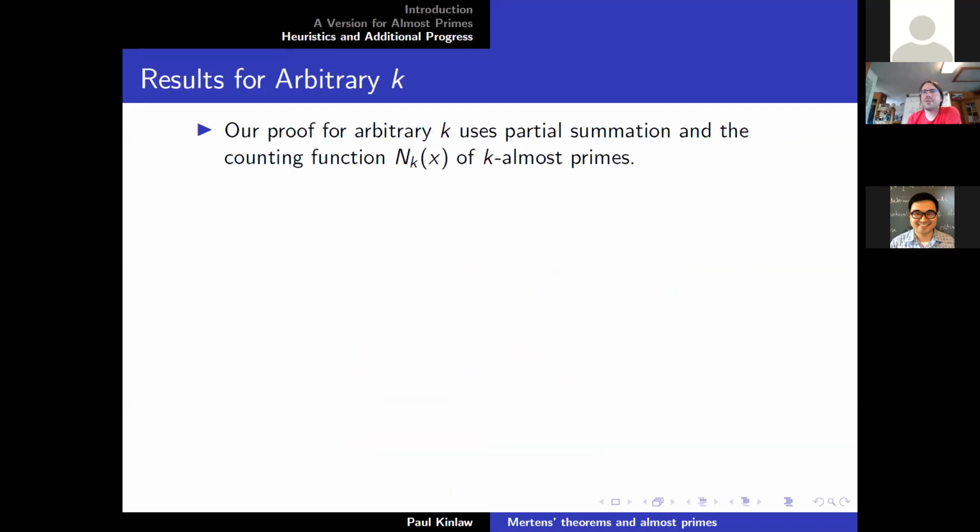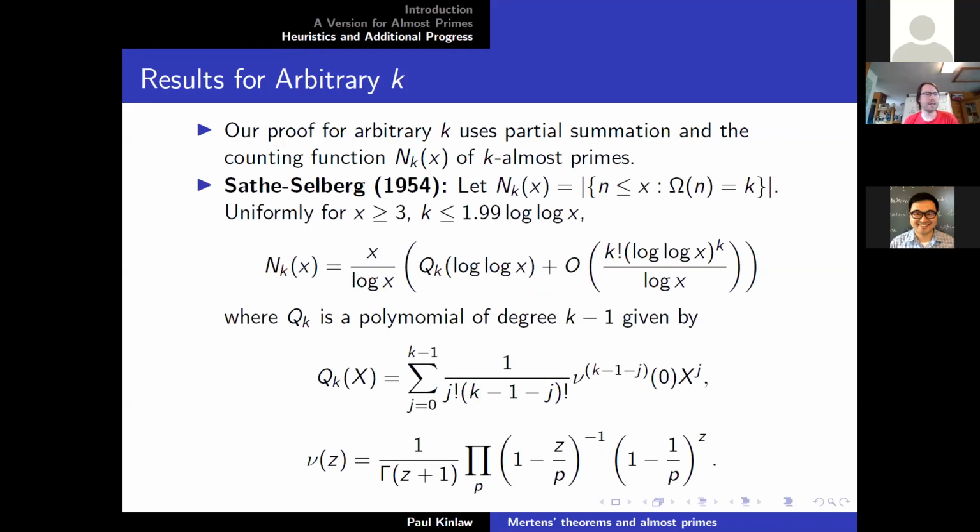And so to prove the general formula, we use partial summation with the counting function of k-almost primes. And the Sathe-Selberg theorem gives a very nice expression for this.